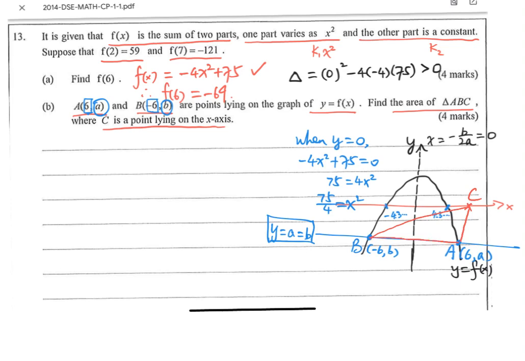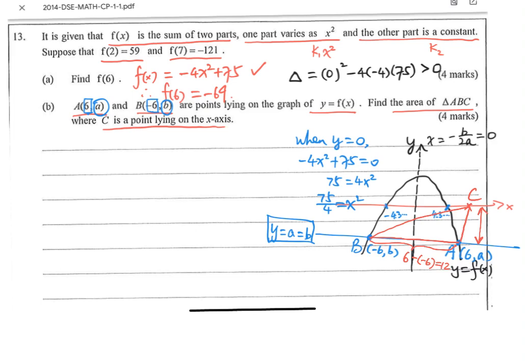Actually, no matter where point C is, the base is AB. The base is AB, and we got 6 minus -6 equal to 12. So AB equal to 12, and the height, no matter which point C it is, is the distance between the x-axis and this line.